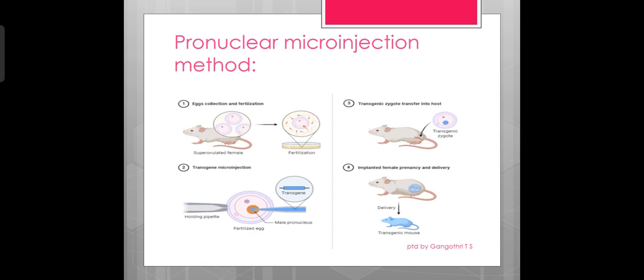Then the eggs are implanted into the uterus of a pseudo pregnant female, that is the female which has been mated with a vasectomized male the previous night. In this way the transgenic mouse is formed by the pronuclear microinjection method.